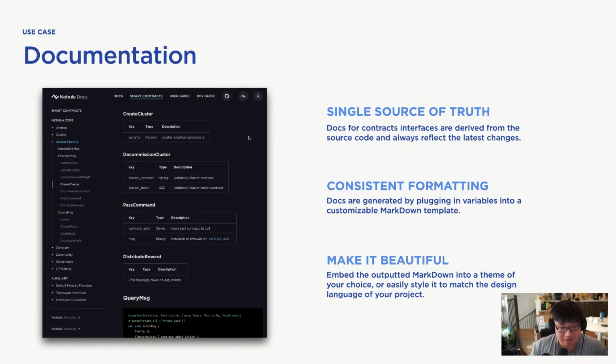Because CosmWasm contracts all follow this similar pattern of interacting with JSON, we can utilize this predictable pattern to automatically generate the documentation for the contract interfaces.